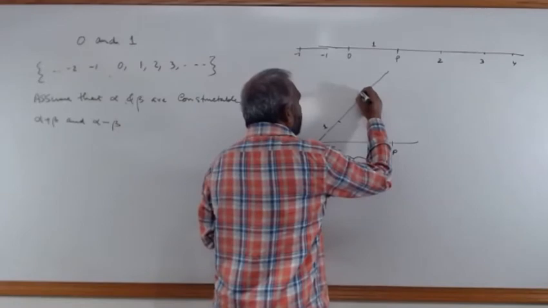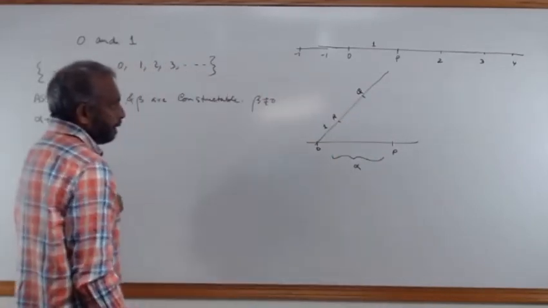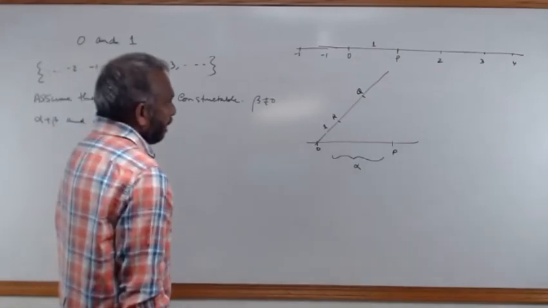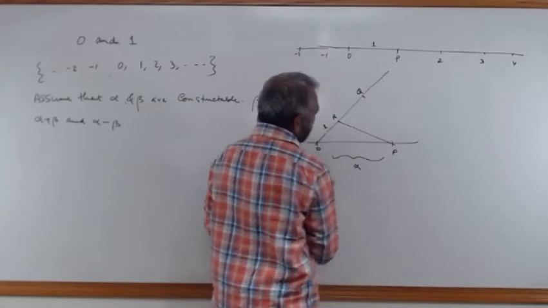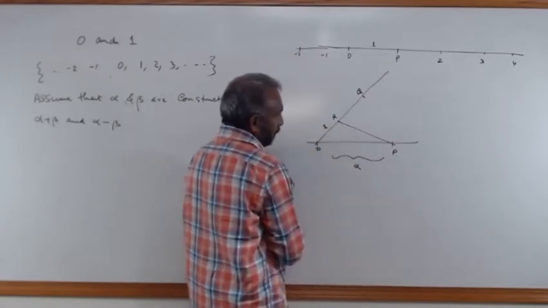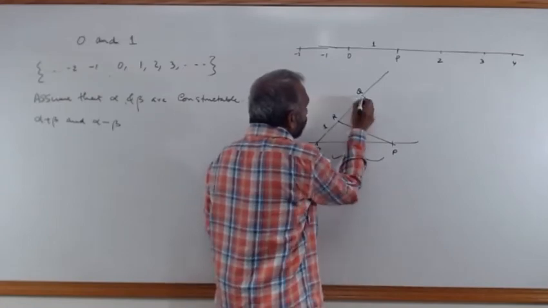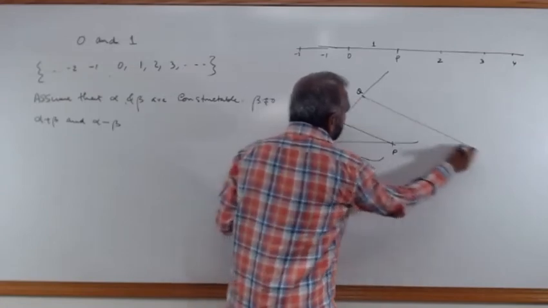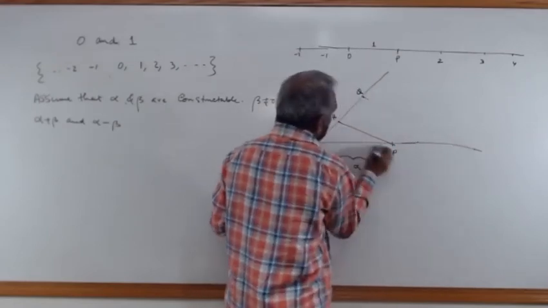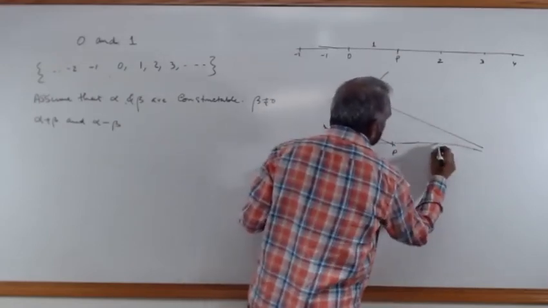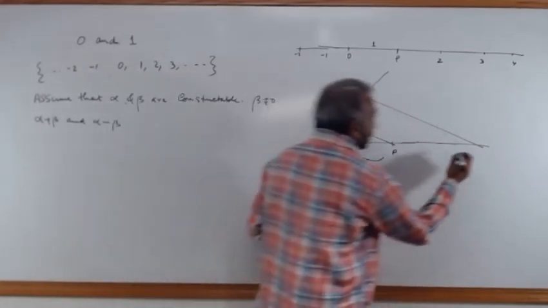So this is our Q, this is our R. Then you join R and P. Then draw a parallel line through Q to RP. Let us make it as S.